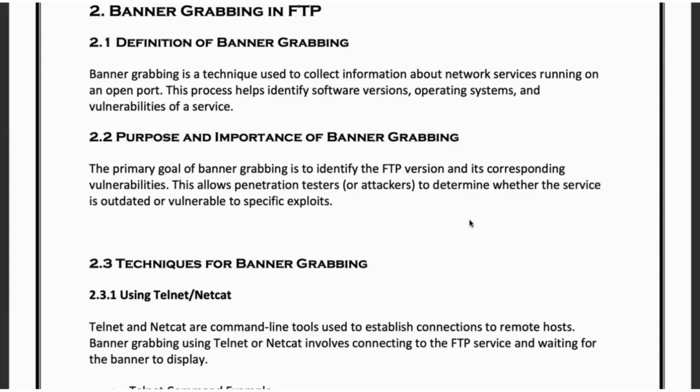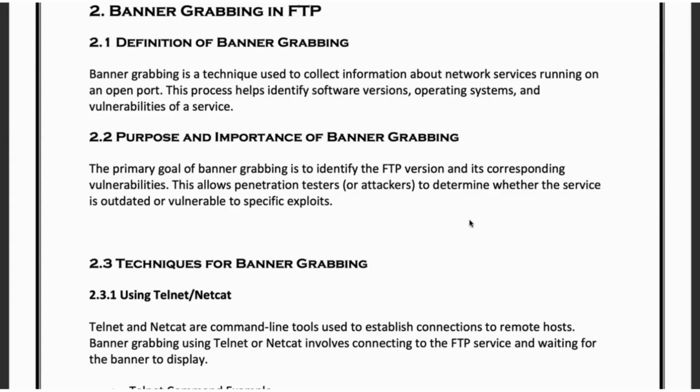So you can clearly understand that in the FTP port, multiple services can be installed with different versions. Banner grabbing will help you to identify those services as well as the versions. Once you identify the versions or services, you check for outdated versions, because whenever a software or service is exploited, a new version is released.